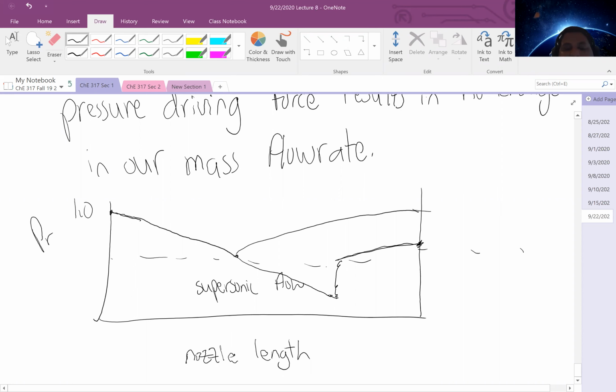And so depending on how your system's set up in terms of your relative pressure ratio, outside of the design condition, you can end up with shock waves either in your system, shock waves at the exit, or essentially at the entrance to your receiver, which is a non-ideal condition. There's only a very particular set of pressure ratios where you can have stable supersonic flow throughout the entirety of your nozzle.